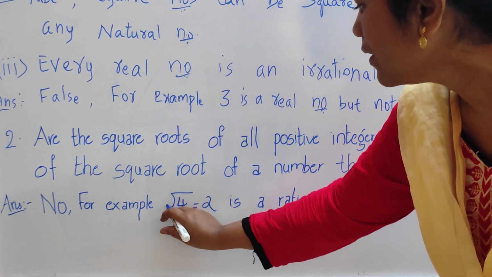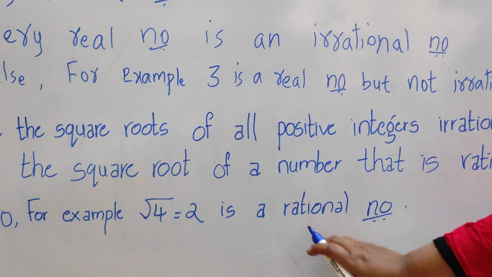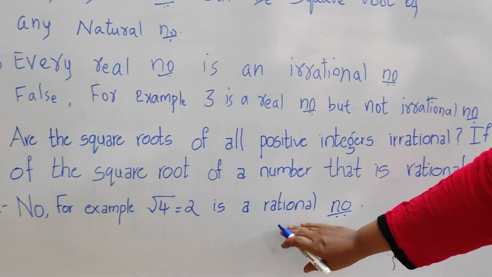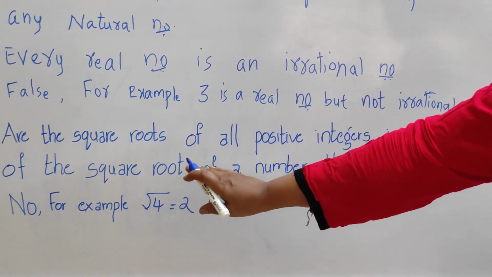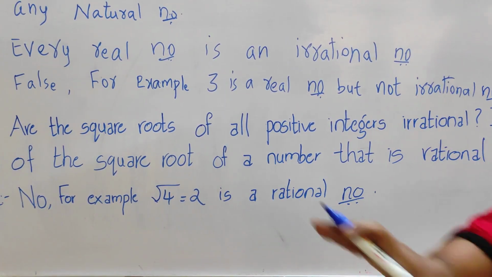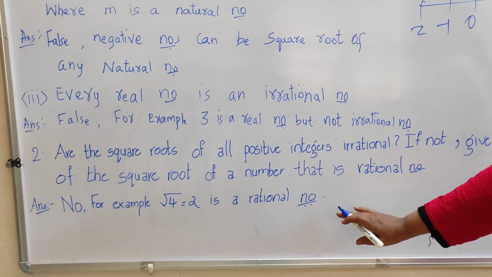What is root 4? Root 4 is a perfect square. It becomes 2. 2 is a rational number, not an irrational number. Therefore, this statement is not true. With this example, we can say it is not applicable. So I hope the second question is also clear for you.